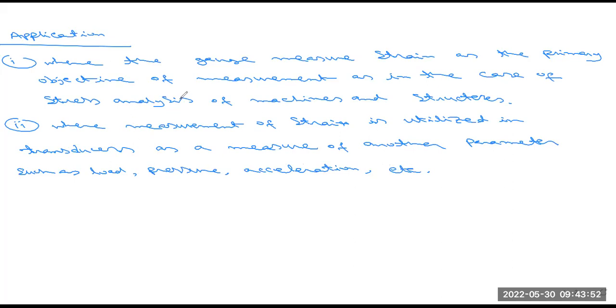So first of all, the strain gauge is used when it measures strain as the primary objective, as in the case of the stress analysis of machines or any structures. That means when you have to use a load cell.